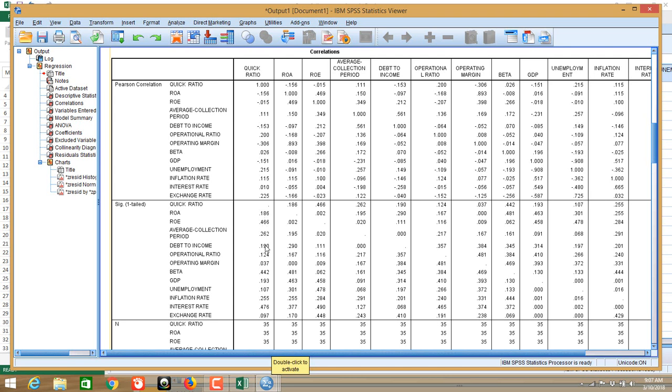Only operation margin is significant because it is less than 0.10, or 0.05, and the most significant is 0.001. If less than that, very, very significant. But in our case, we only have operation margin, which has a p-value less than 0.05. We call it p-value, but this is the p-value for correlation.